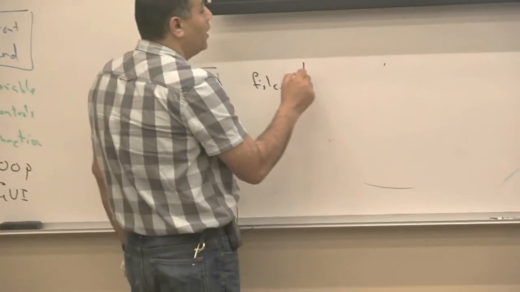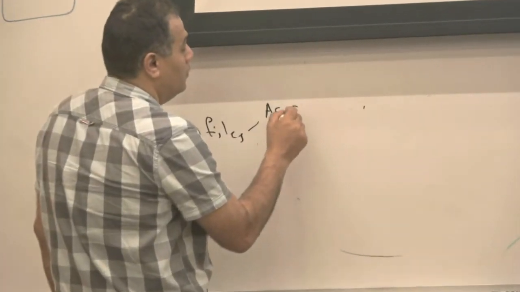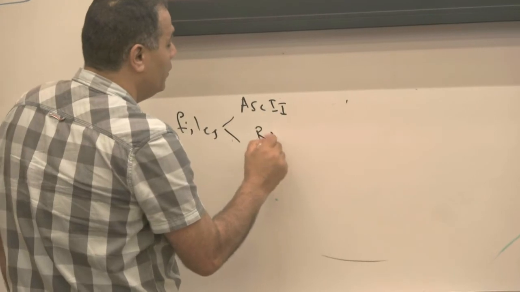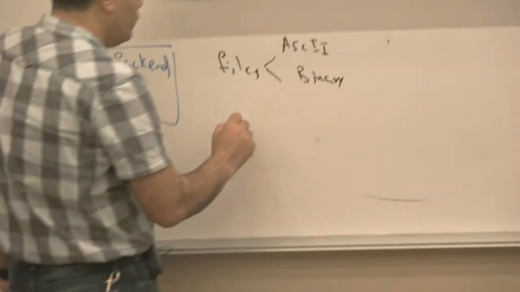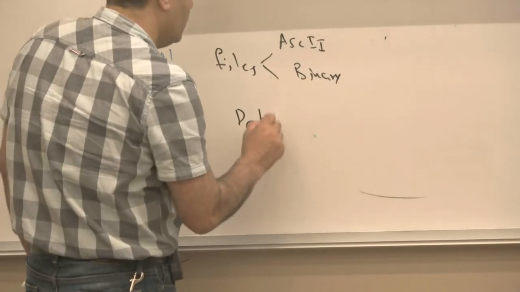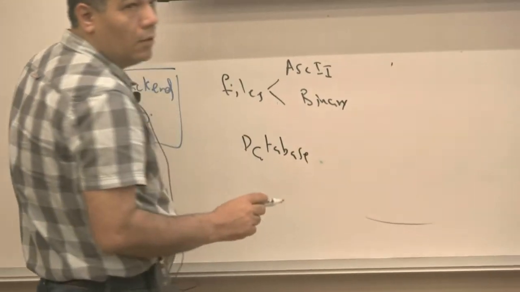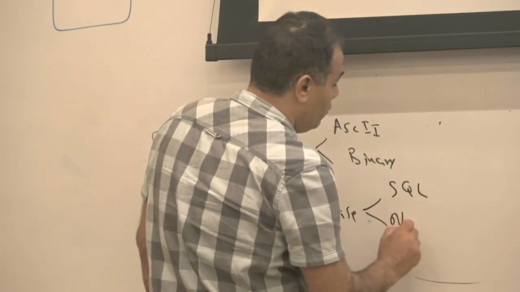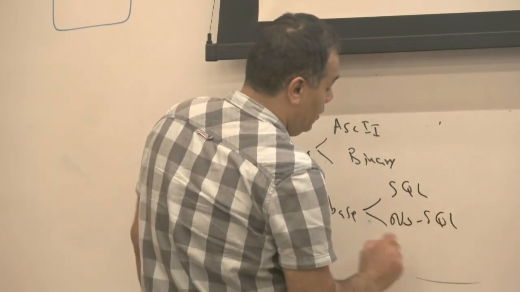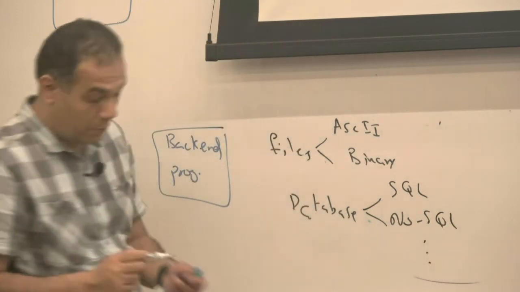The files could be ASCII files, or binary files, as we'll see. Or it comes from a database. The database could be SQL, MySQL, NoSQL, different kinds of databases.